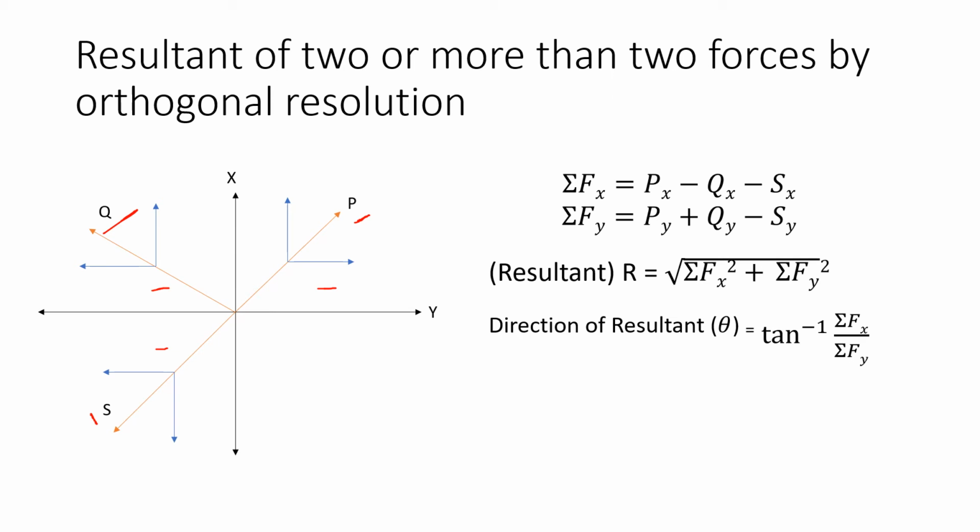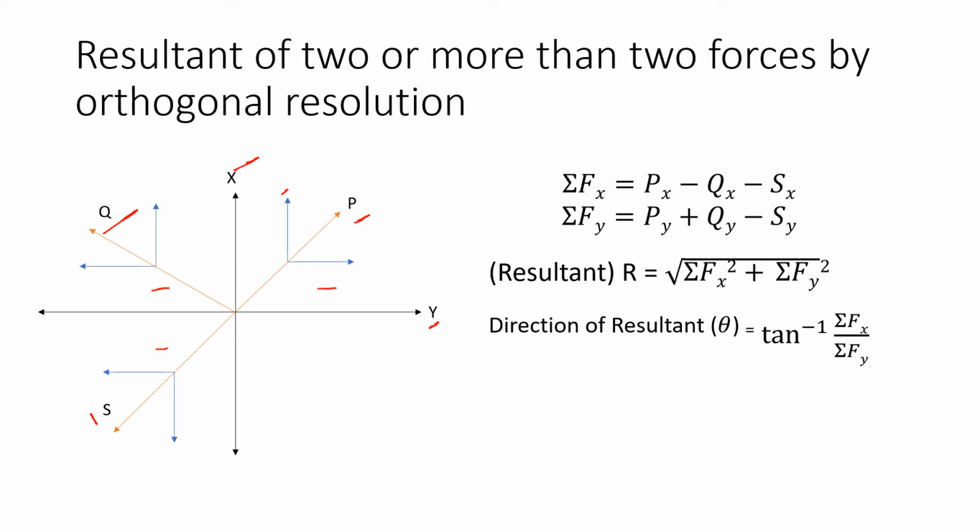These forces are inclined forces, so we have to resolve them. Here is the y axis, and here is the x axis. So we have to resolve these forces along the y and along the x direction, and the same we have to resolve this force along the y and along the x direction.